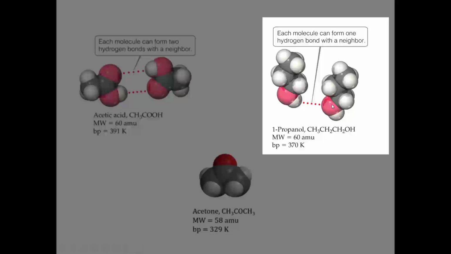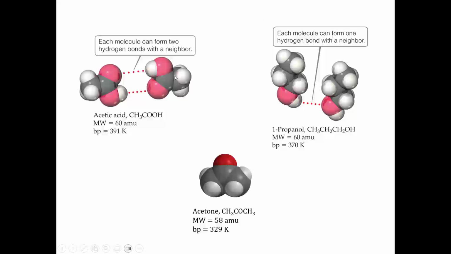And because of that, the intermolecular forces in acetic acid are stronger than in 1-propanol, even though they both have the same molecular weight. So dispersion forces to a first approximation are equal, but the hydrogen bonding is stronger in acetic acid. Consequently, the boiling point is about 20 Kelvin higher in acetic acid than it is in propanol.